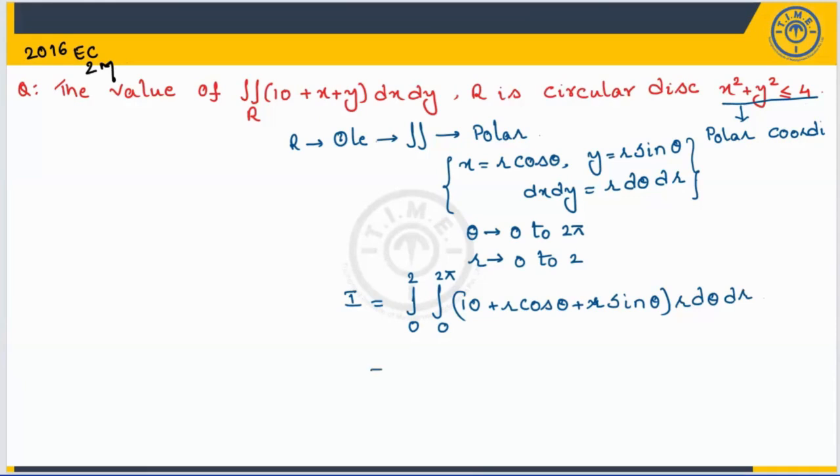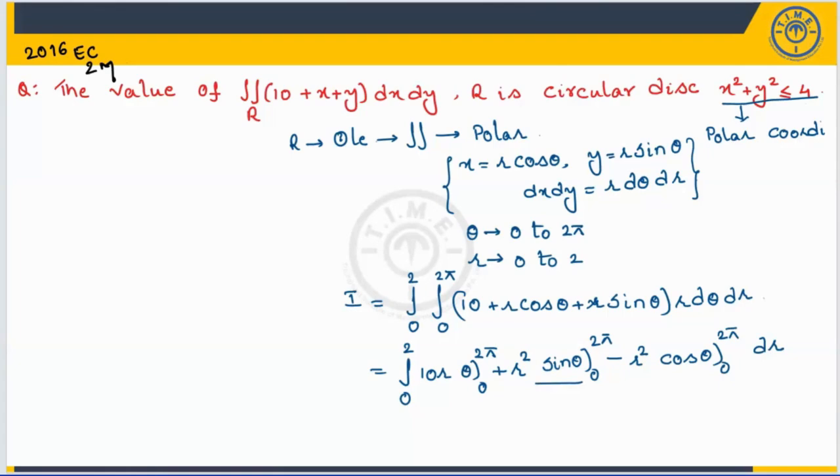Now, integrating with respect to theta: 10r into theta from 0 to 2 pi, plus r square into the integral of cos theta, plus r square into the integral of sin theta from 0 to 2 pi, dr. Sin 2 pi is 0, sin 0 is 0. Cos 2 pi is 1, cos 0 is 1. So 1 minus 1 is 0.